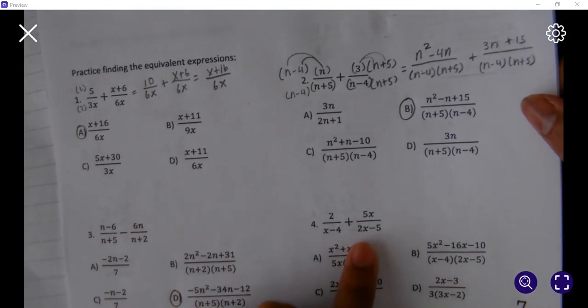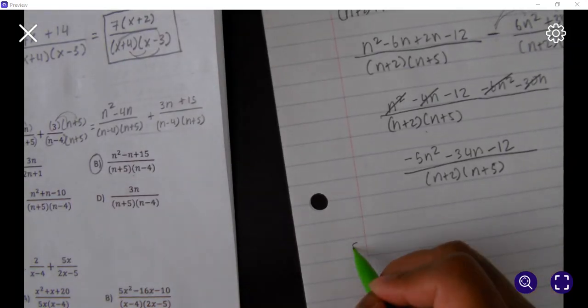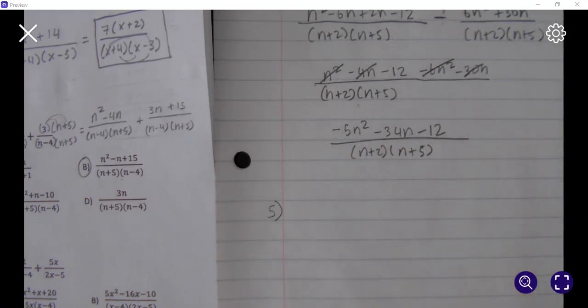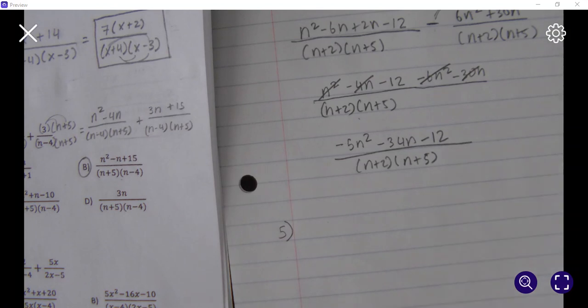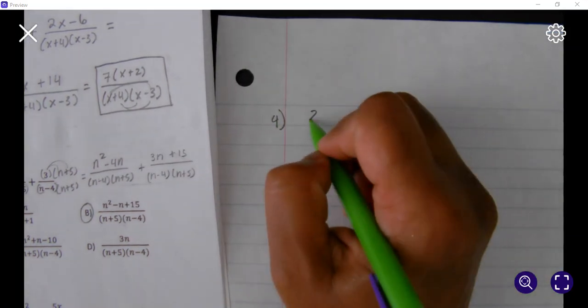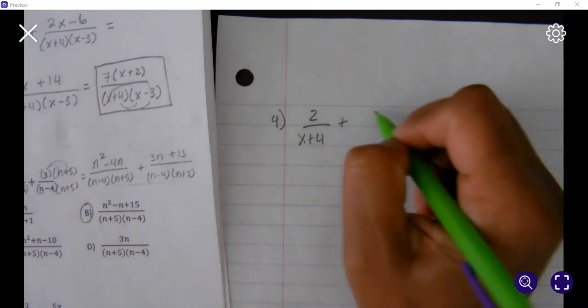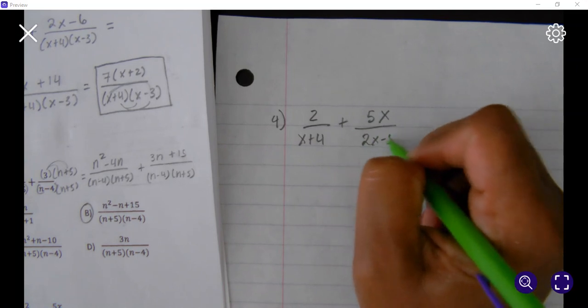Okay, so now the final problem here is this one right here, number 4. So you have 2 over x plus 4 plus 5x over 2x minus 5.